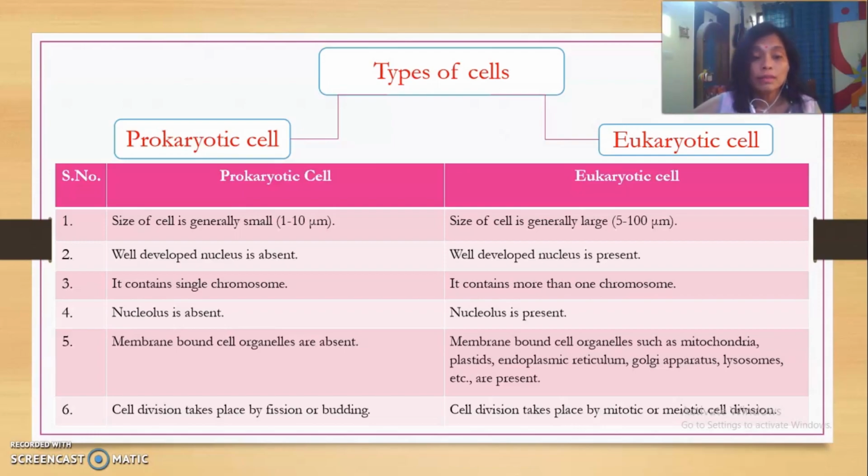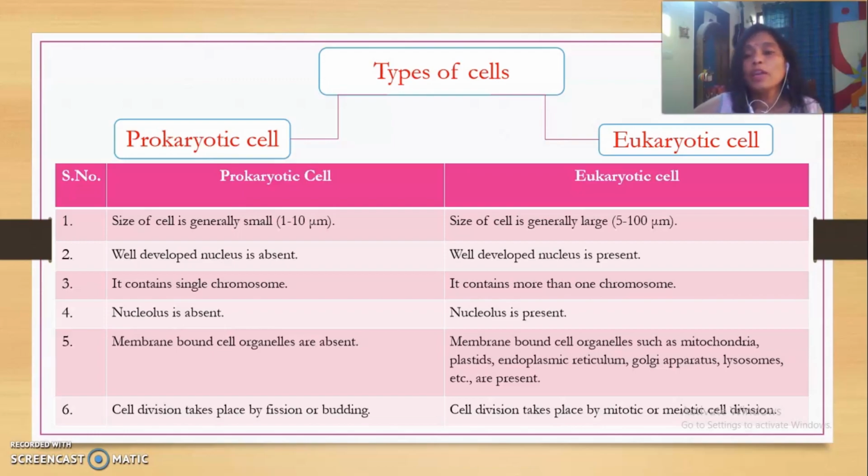Then the third difference is regarding their genetic makeup. Prokaryotes have only a single chromosome, whereas eukaryotes have more than one chromosome. Here I would like to add one more thing, and that is the presence of DNA and RNA. Your chromosomes contain DNA and RNA.